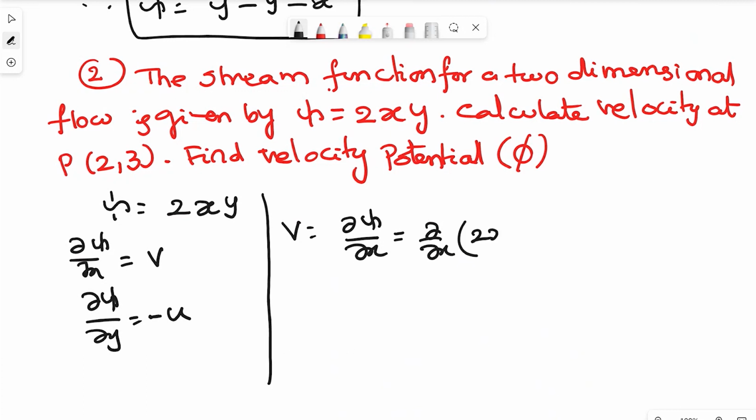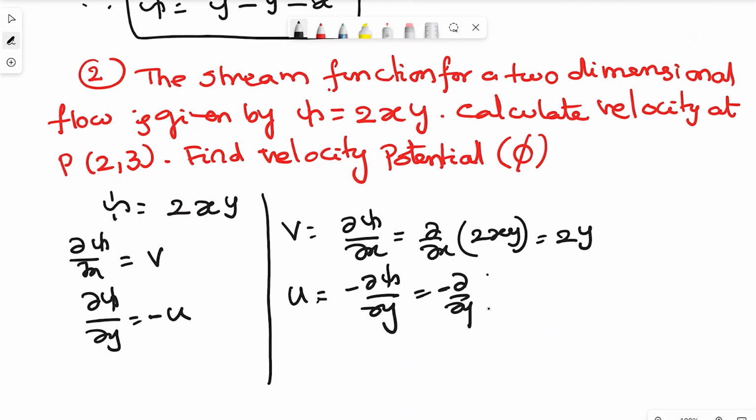It is nothing but 2y. Second thing is u is equal to minus dou psi by dou y, minus dou by dou y of 2xy, which is minus 2x.